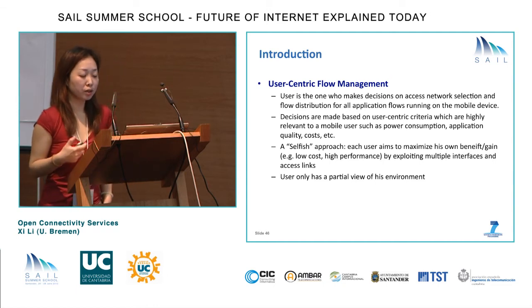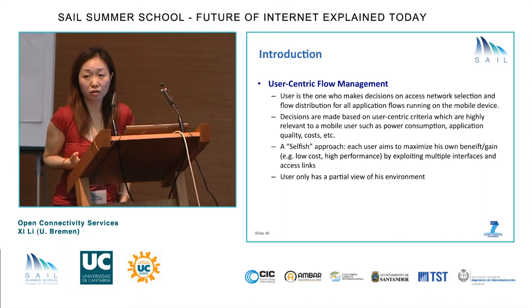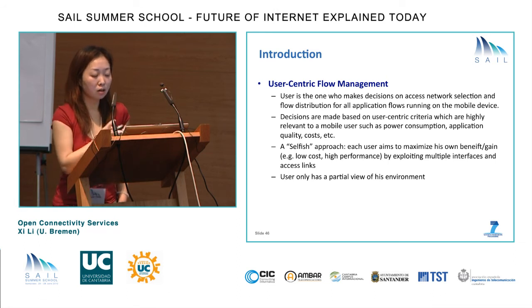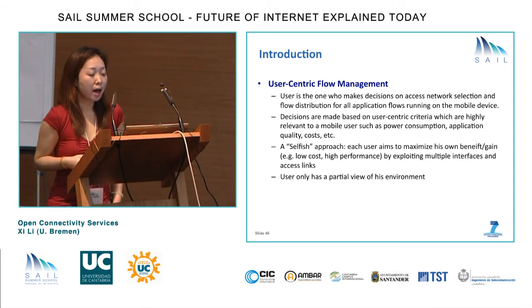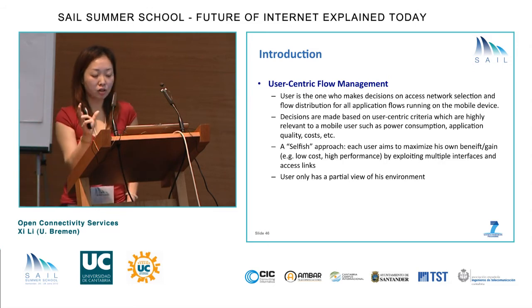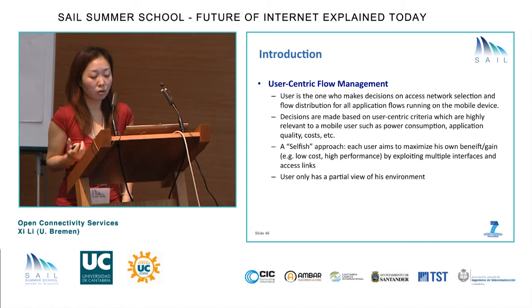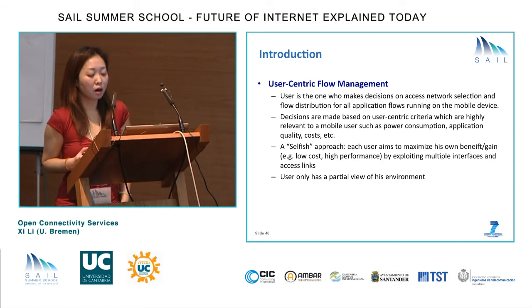For example, you will consider the application quality of different application flows, the power consumption, and the cost. Since each user has only a partial view of the environment, the user-centric approach is more a selfish approach, because each user is only trying to maximize their own benefit by exploiting the multiple interfaces or access links.